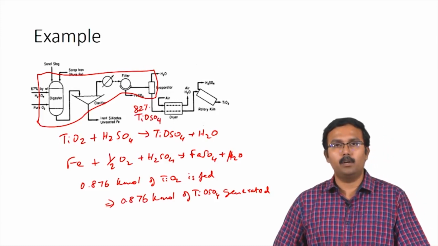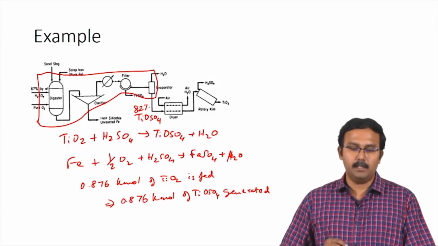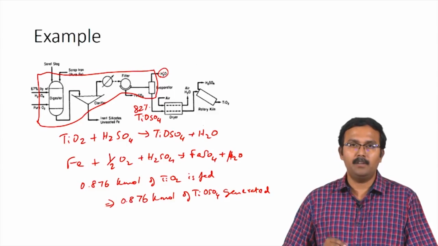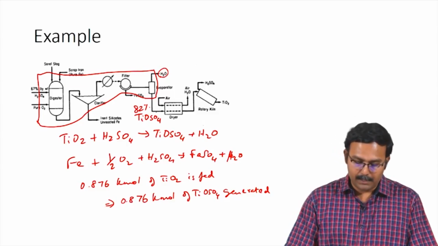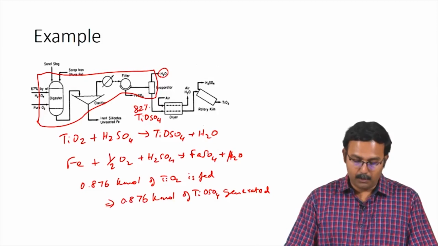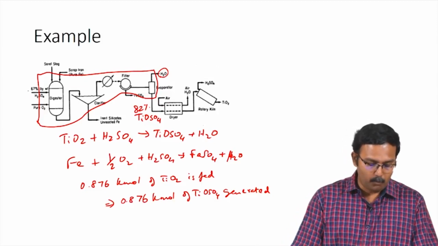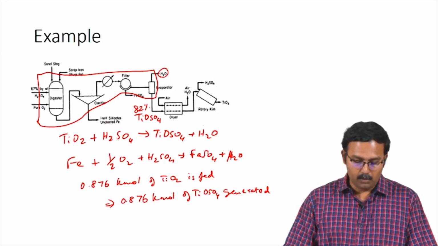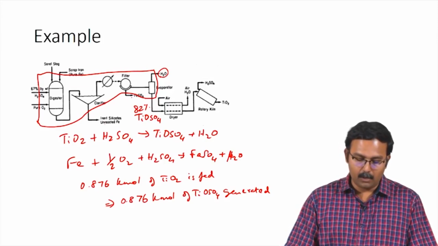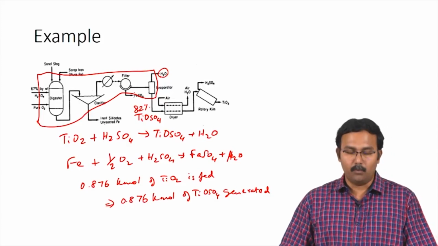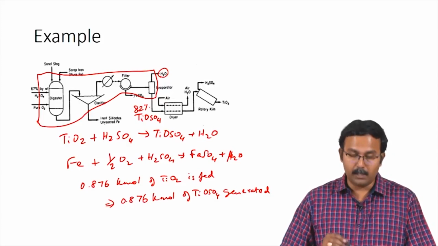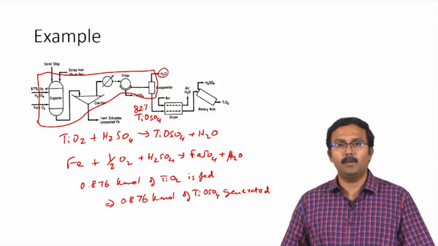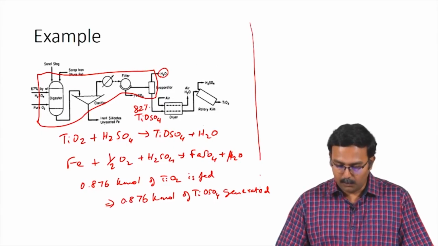So, the rest has to be water. We need to calculate the amount of water which is leaving through this system. There is some water entering through the H2SO4 stream, and water is not leaving through the inert silicates or through the FeSO4, only through these two particular streams. Based on this information we can now start writing a balance equation for water, which is exactly what we are going to do now.